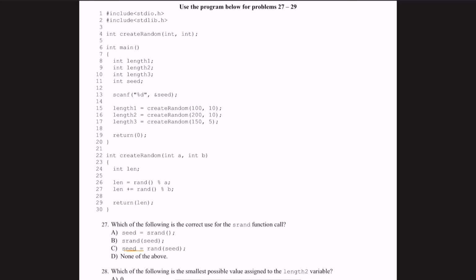So therefore, there should be no seed equals. And we do expect to pass some value to it because we're telling it what to use. Therefore, B, even if you don't remember how to write srand, makes sense. We're giving an instruction and we don't expect a return value.